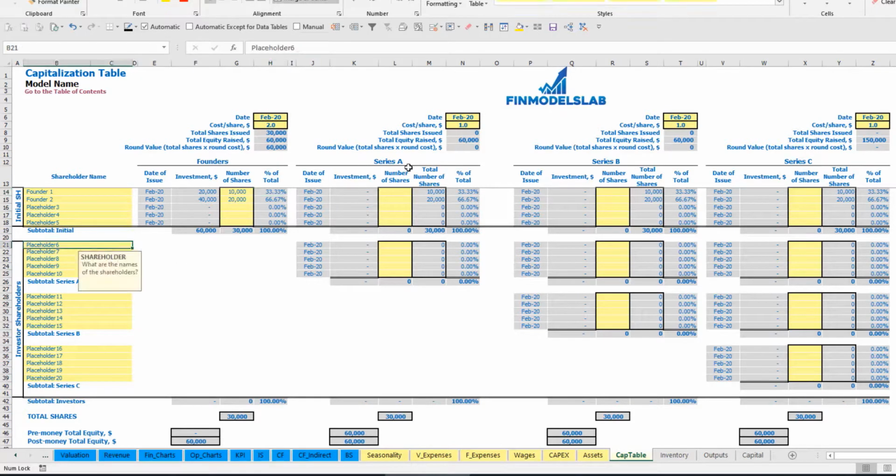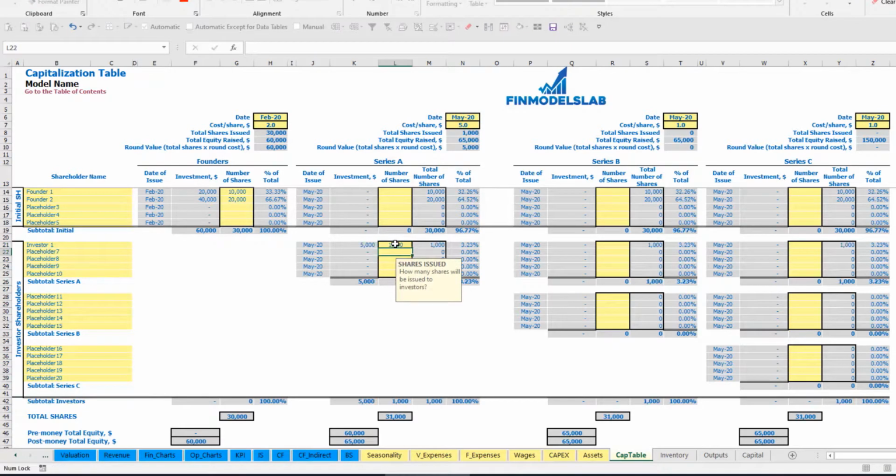Let's pretend that for Series A we have one investor and the date of issuance is May, cost per share is $5 per share and number of shares is 1,000. So the total amount of investment will be $5,000.